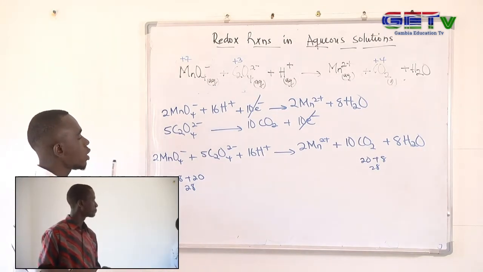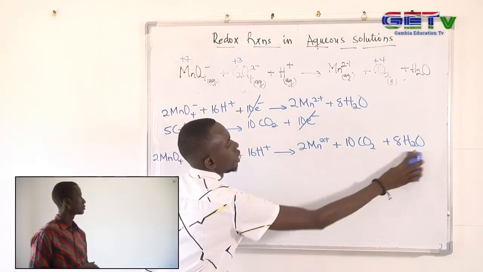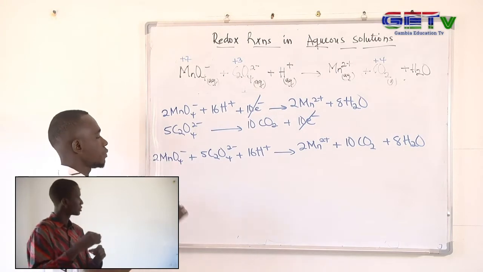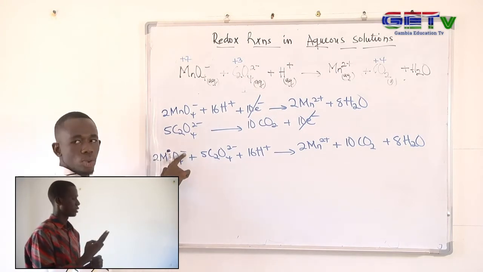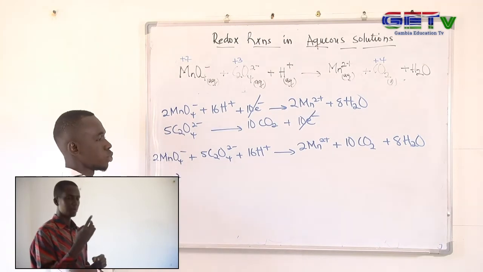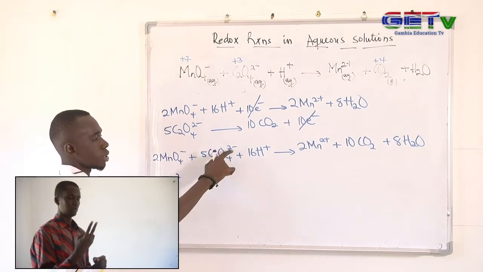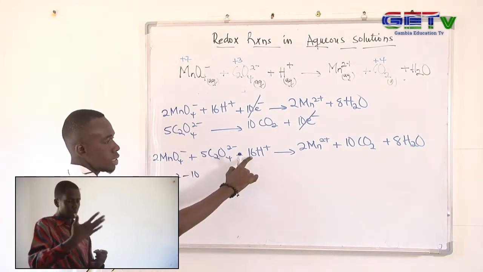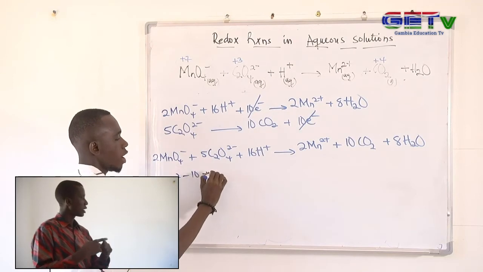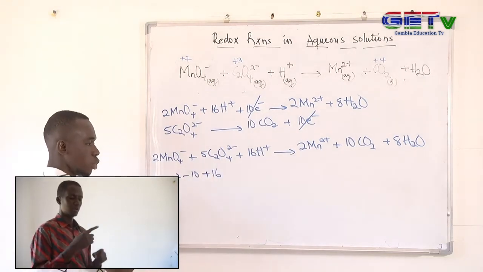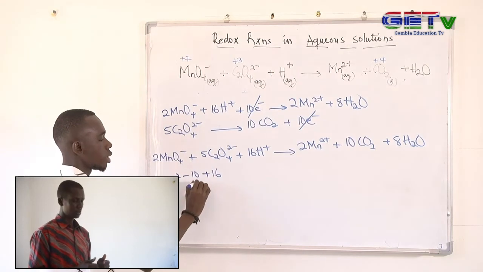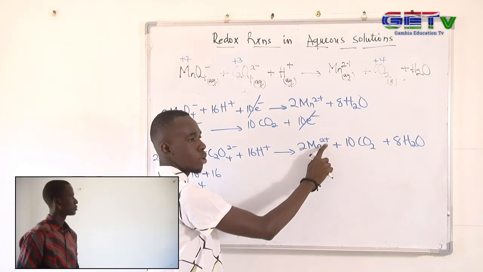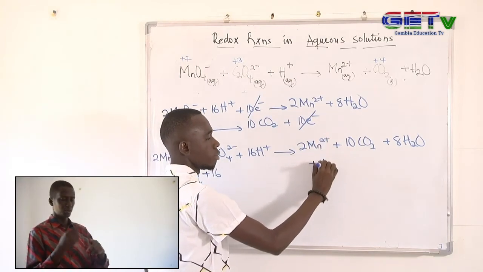Now, we consider also the charges, whether they are balanced or not. In this case, we will have 2 times minus 1, which is minus 2. 5 times minus 2, we have minus 10. 16 times plus 1, we have plus 16. And if you add these, you will end up having what? Positive 4. And on this side, you will have 2 times plus 2, which is plus 4.